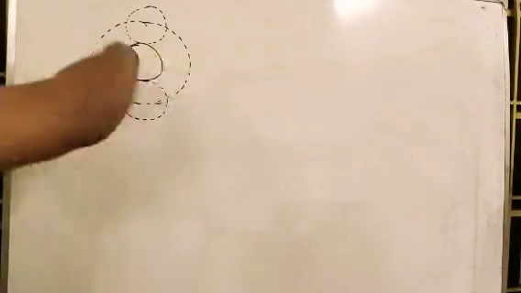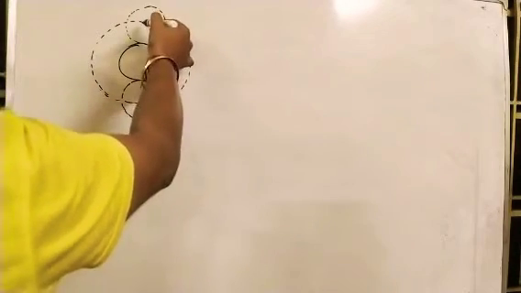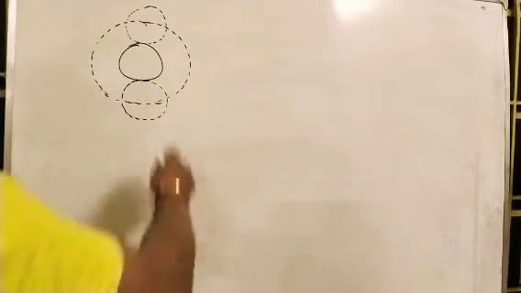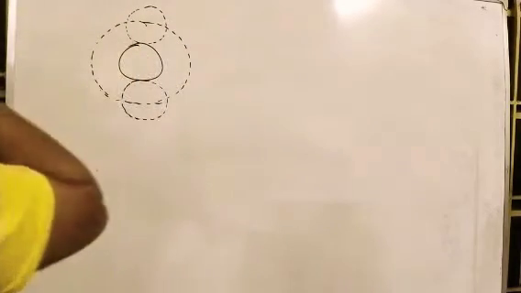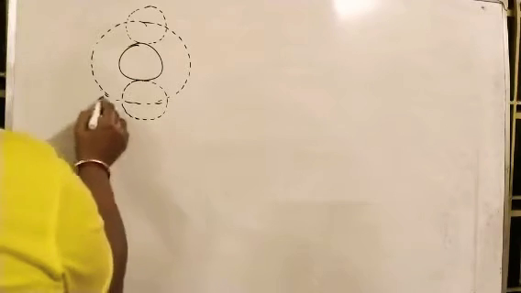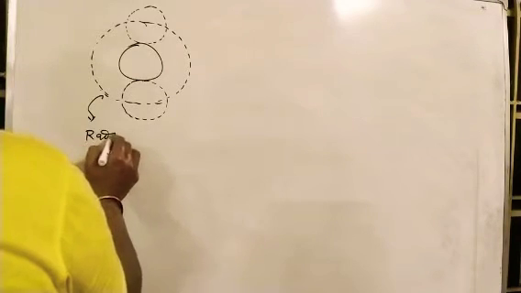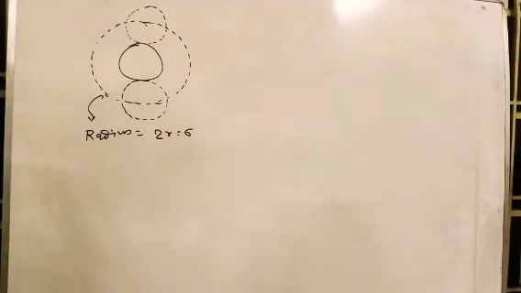This is the circle for now, and this value is basically 2r: r here and r here. So what is the radius of this circle? The radius will be equal to 2r, and that is equal to sigma.